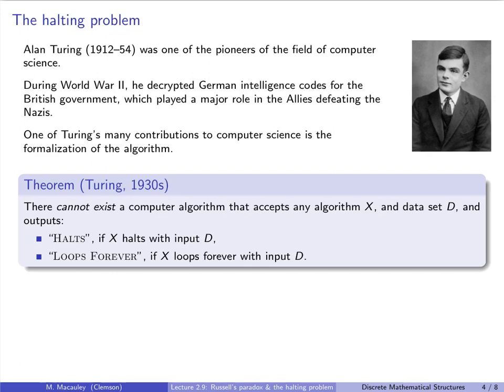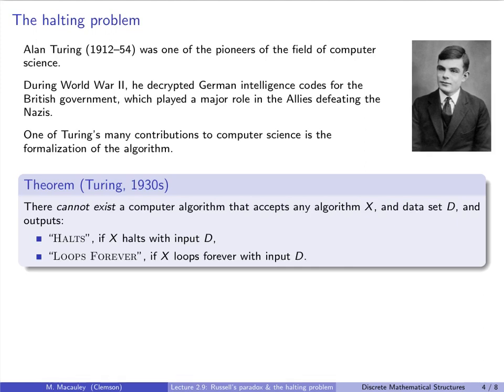Formally, he showed that there cannot exist a computer algorithm that accepts any algorithm X as input and any data set D. So think of this as the computer program X and D as the input to the program, like the parameters.